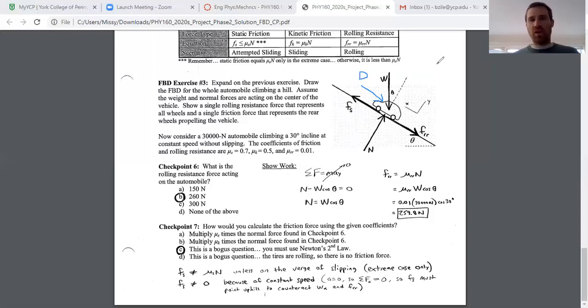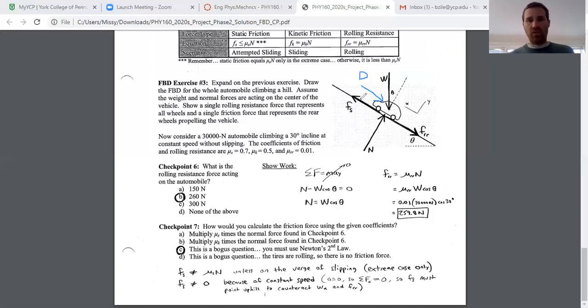Sometimes students are inclined to put some kind of applied force or propulsion force on here. And because there's nothing else attached to the car, there can be no other forces. So what actually makes the car go is this friction force. It might seem a little strange, but this friction force happens because the engine's trying to make the tires spin backwards.